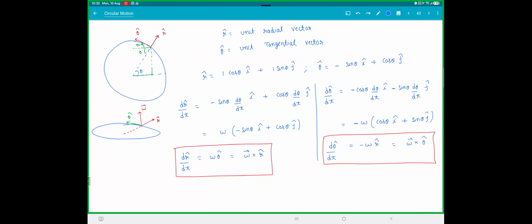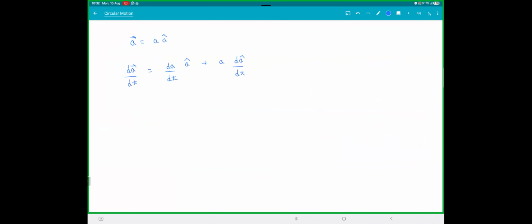Just now we proved here, the general form dA cap by dt is omega cross a cap, where omega is the angular velocity of rotation of that a bar vector. So if that vector a bar is rotating, then it makes sense. If it is not rotating, then it is zero. The direction is not changing.